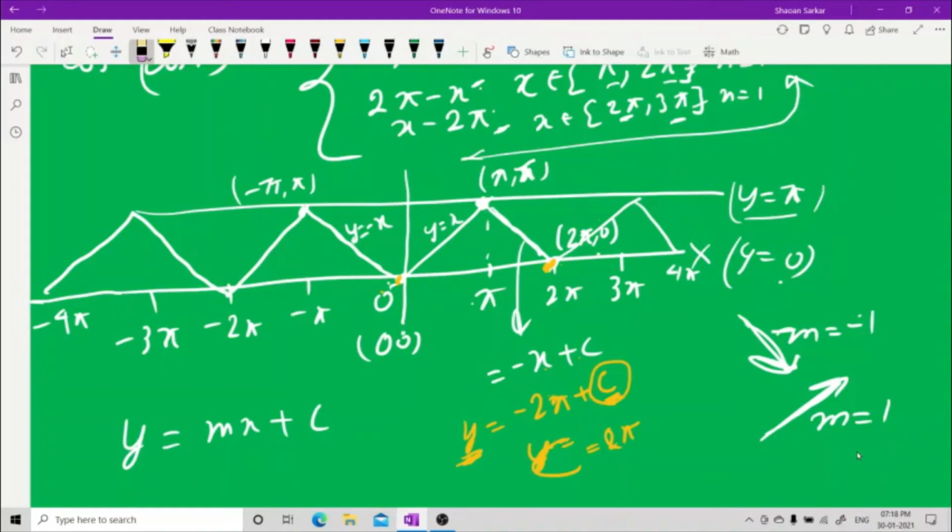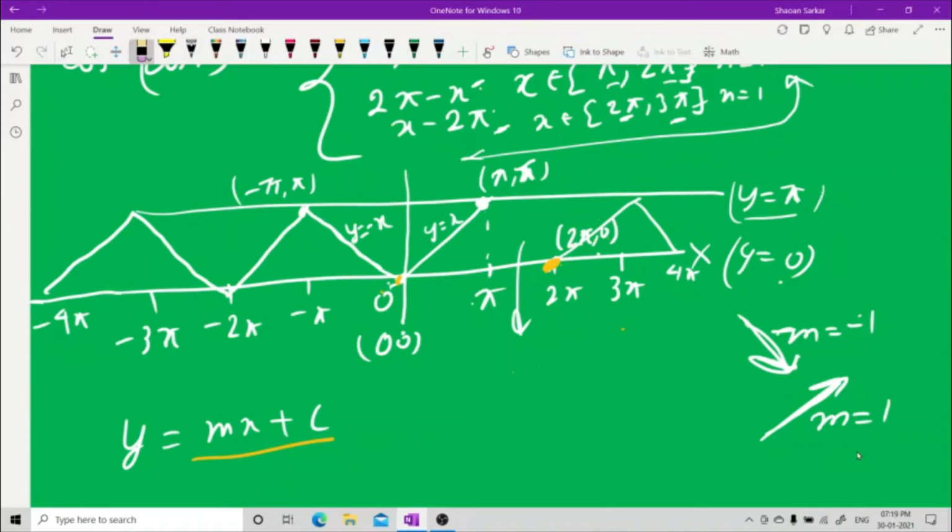The slope of this line is minus 1, so y equal to minus x plus c. Now at this point the coordinate is 2 pi comma 0. The coordinate should satisfy this equation. So if I put 0 here and minus 2 pi here, c should always be 2 pi. So the equation of the line will be minus x plus 2 pi.